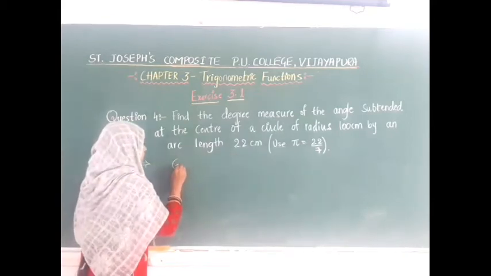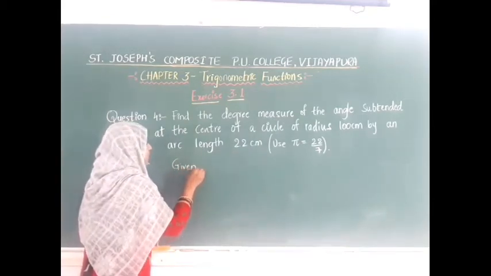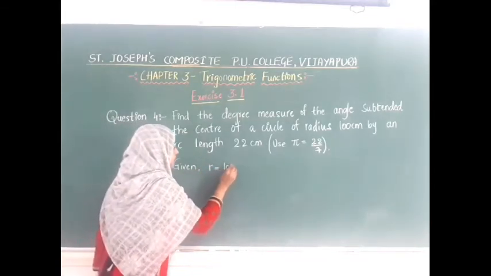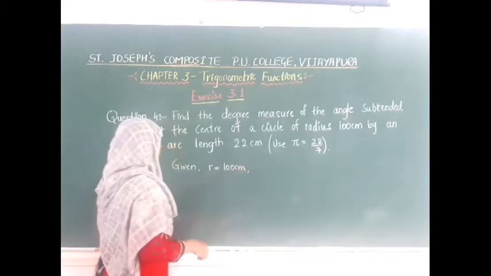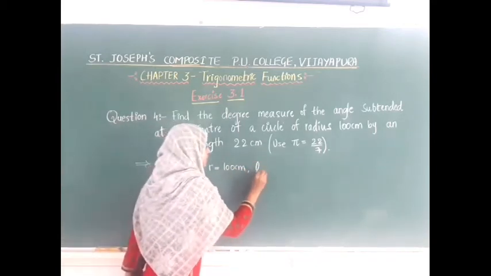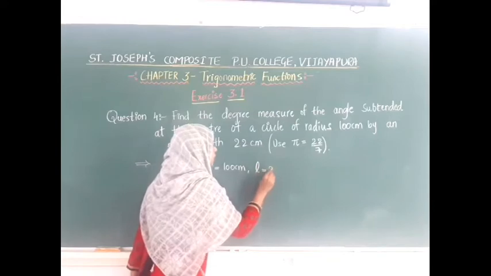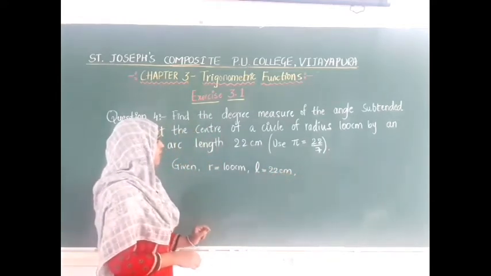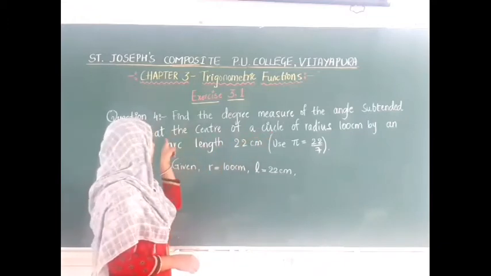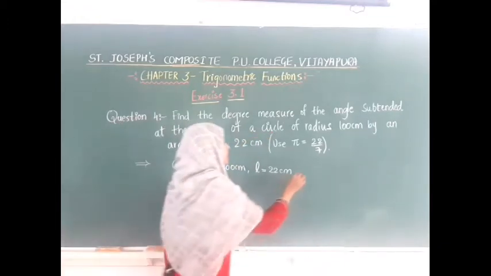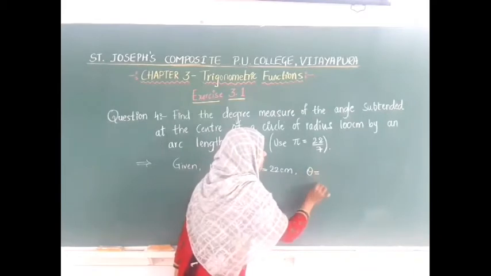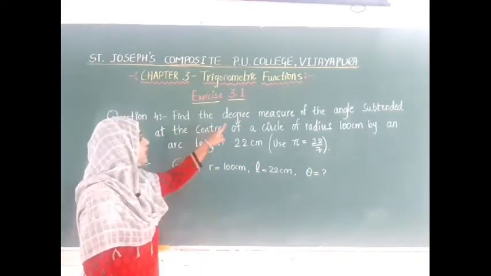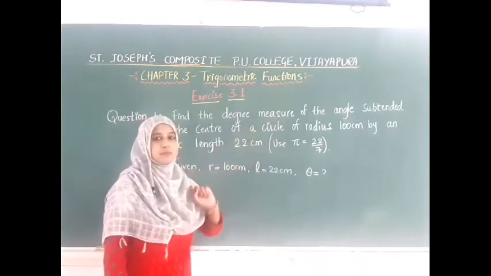Here, given radius r is equal to 100 cm and arc length, denoted by the letter small l, is 22 centimeter, and we have to find the angle subtended at the center of the circle, denoted by theta, in terms of degree measure.